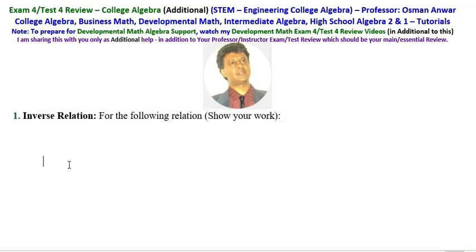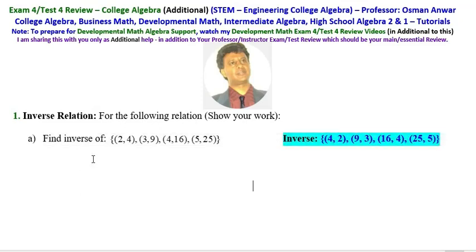Number 1, inverse relationship for the following relationship. A, find the inverse of (2, 4), (3, 9), (4, 16), (5, 25). That is, x is 2, y is 4; x is 3, y is 9; x is 4, y is 16; x is 5, y is 25. As you can see, this relationship is y equals x squared.